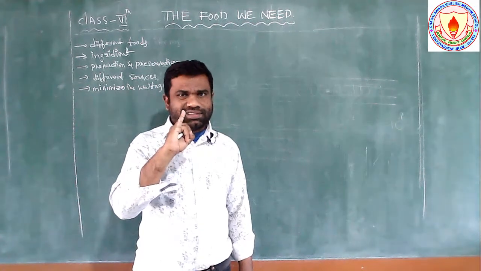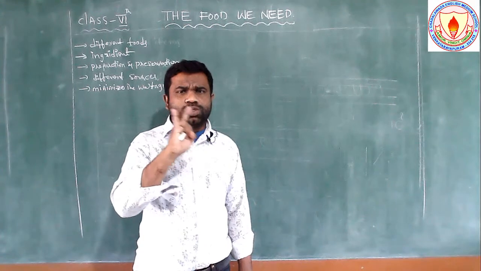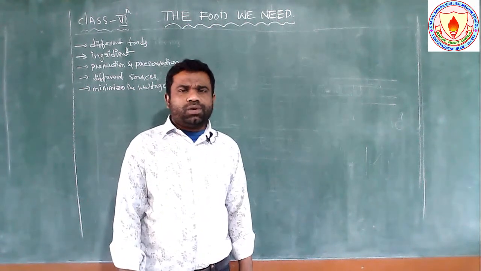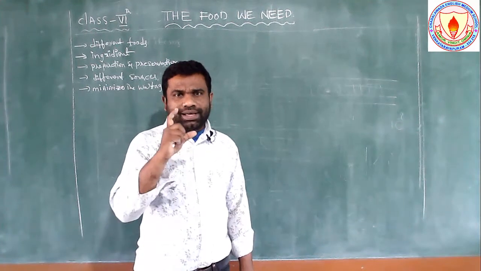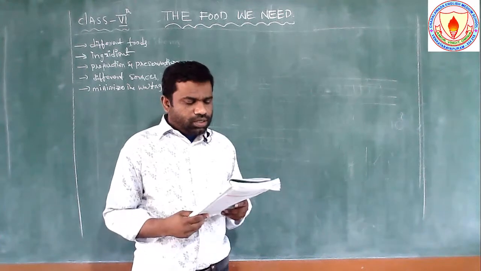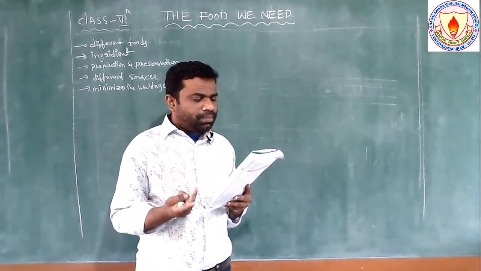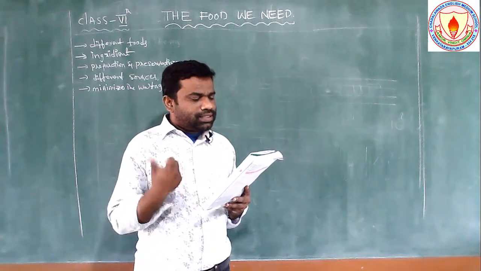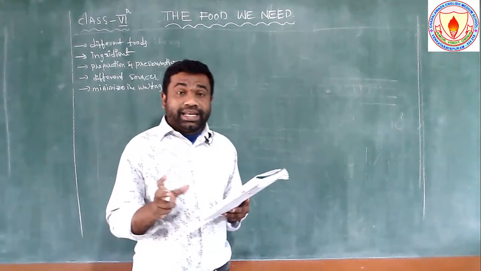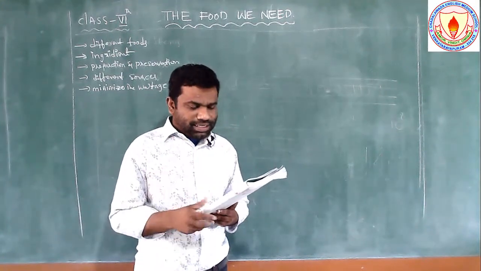Okay? Second one is water. By using these two ingredients, we cook rice. In the same manner, rice, oil, salt, tamarind, chilies, turmeric and asafoetida are the ingredients to prepare lemon rice, nothing but pulihora.